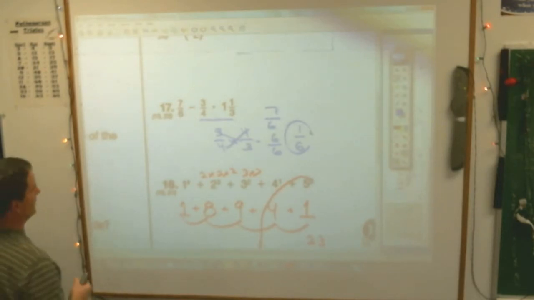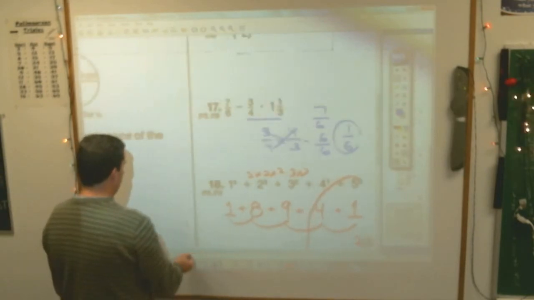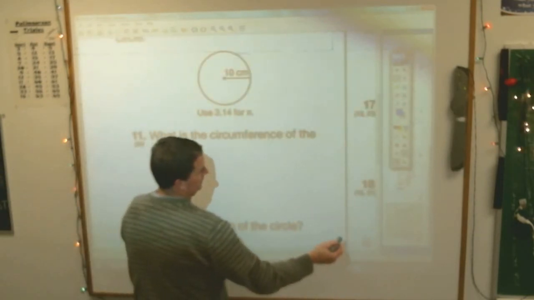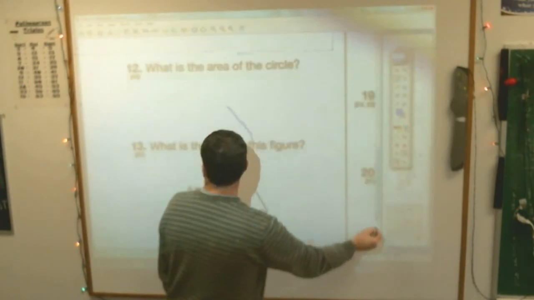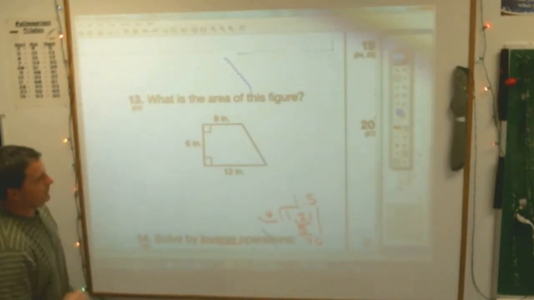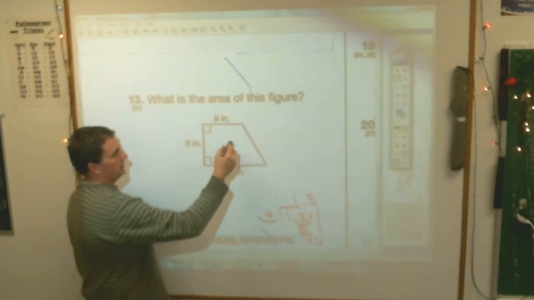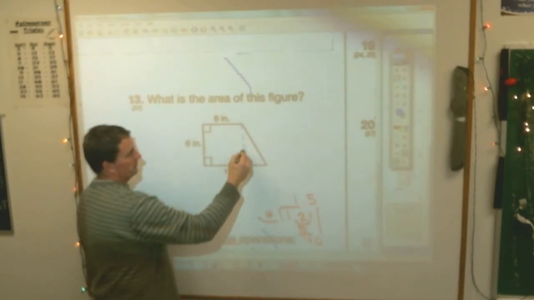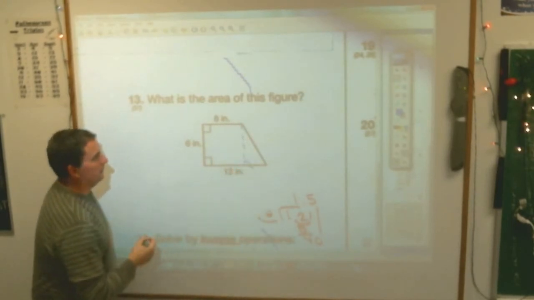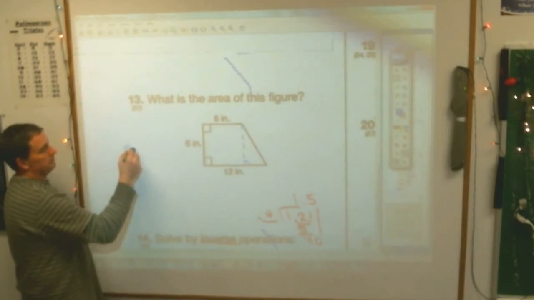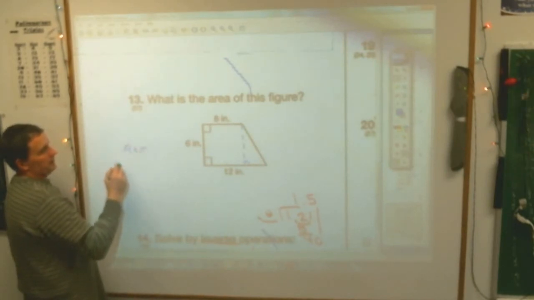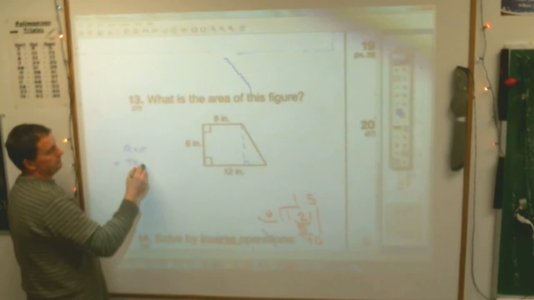Cameron, that would be 15. Who? 15. Is that over here? Must be. What is the area of this figure? Gibran, did you cut it into two pieces? Yeah. So you've got the area of the rectangle plus the area of the triangle.